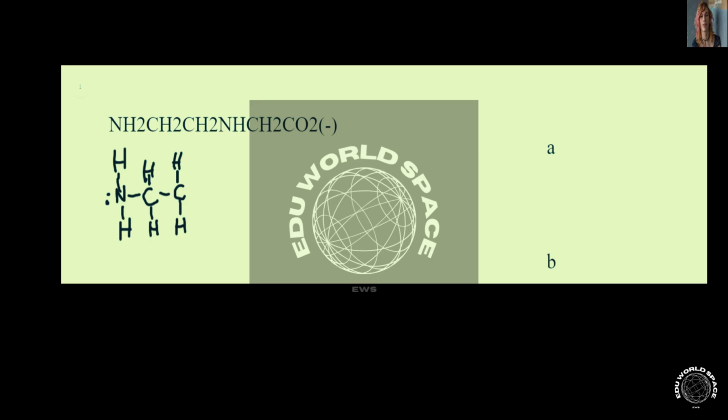Next is going to be an NH, so we're going to draw this nitrogen with one hydrogen, and this nitrogen is going to have a lone pair on it. This goes into a CH2, which again is CH.